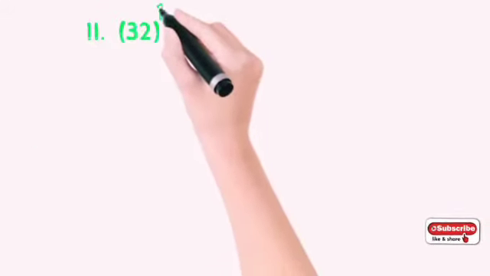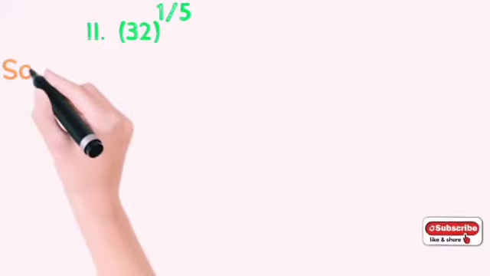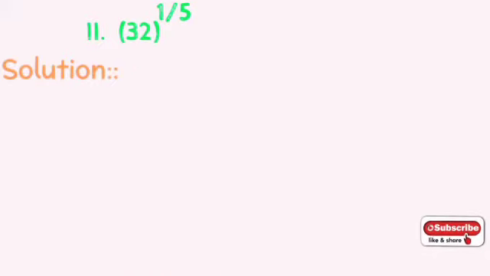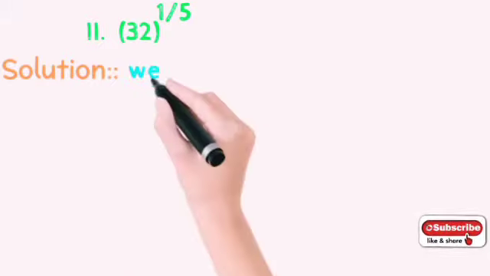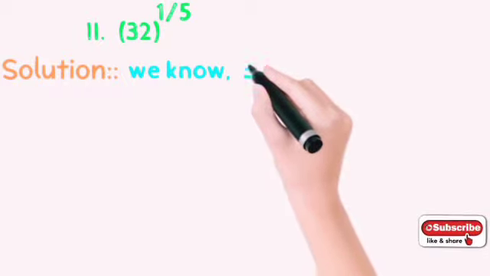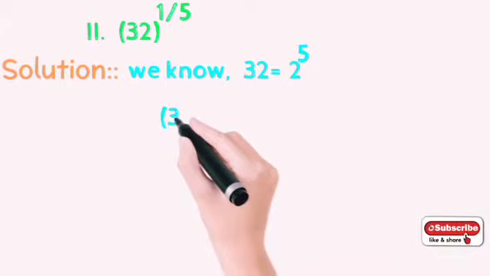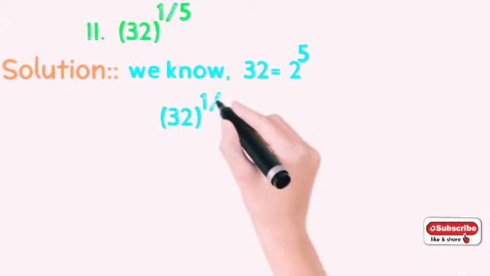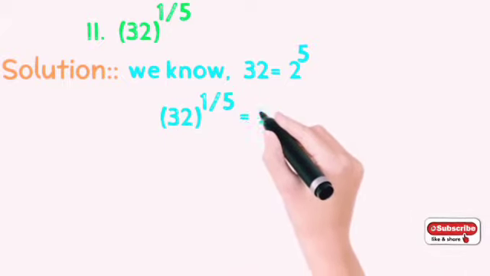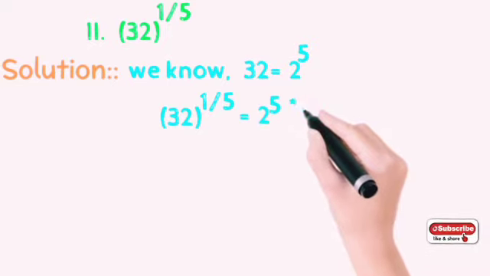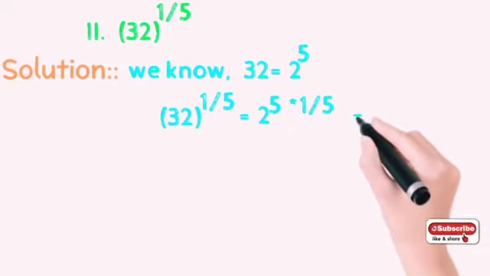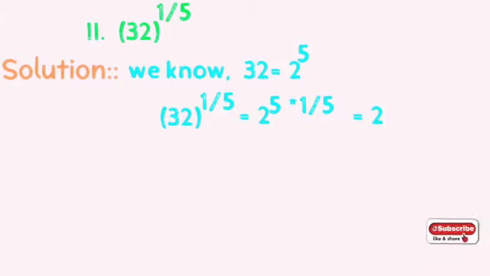Coming to question number 2, 32 to the power 1 by 5. The solution is: 32 can be written as 2 to the power 5. It means when you multiply 2 five times, you will get 32. Similarly, place these values in the question. In place of 32, you will write 2 to the power 5, and 1 by 5 will be multiplied, and 5 will get cancelled, and you get the answer 2.